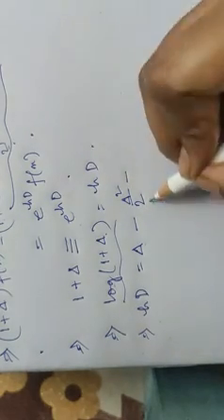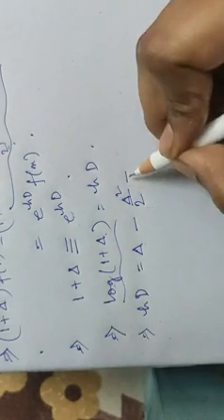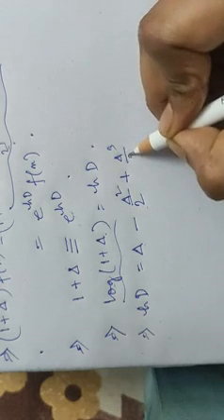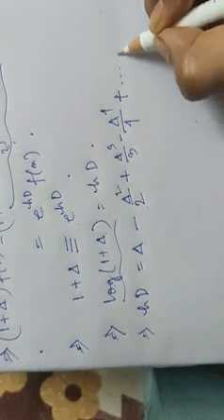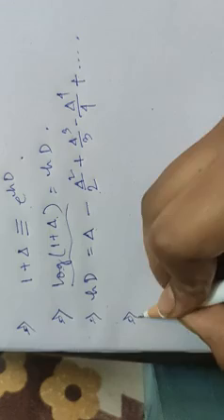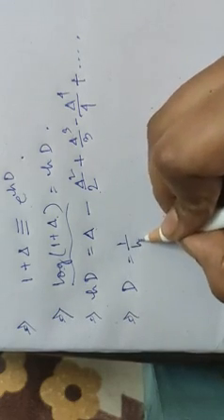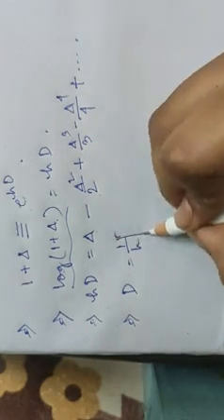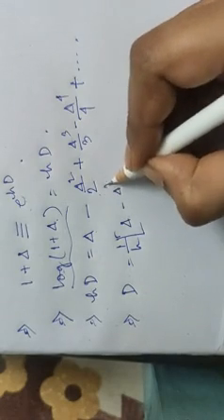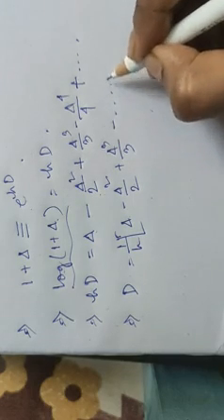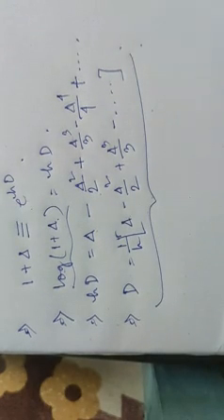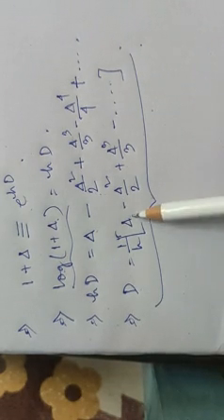For the logarithmic series we get only the 2, that is plus delta cube by 3 minus delta to the power 4 by 4 plus, and so on. That means D equals 1 by h, then in bracket delta minus delta square by 2 plus delta cube by 3, and so on. This is the required relation between D and delta.